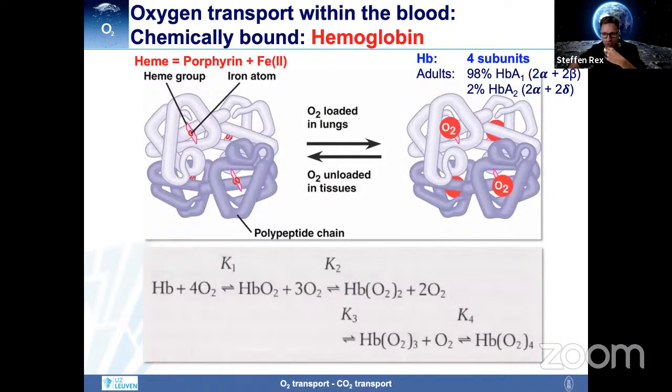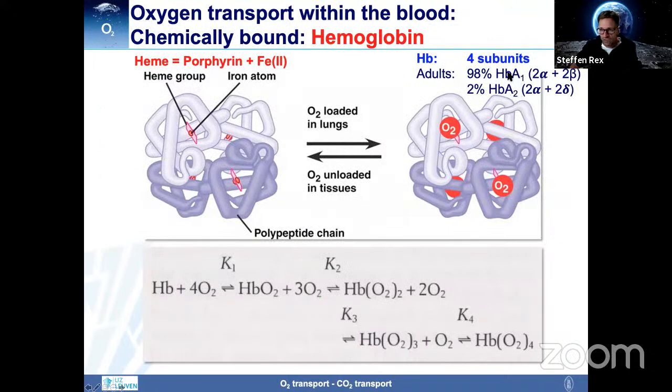Luckily, we have hemoglobin in our blood, which has a high affinity to oxygen and which helps us to transport the oxygen. Very important is that hemoglobin consists of 4 subunits, and these 4 subunits are different proteins.